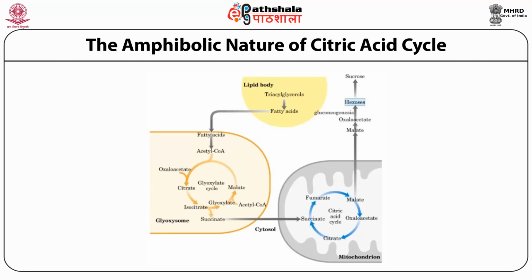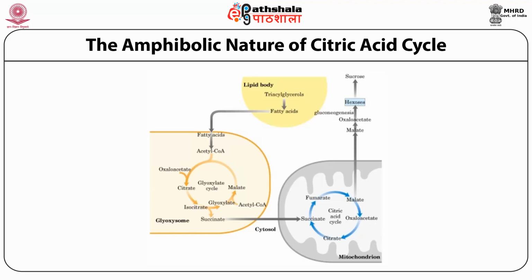In the mitochondrial matrix, the succinate which is produced in the glyoxysome enters the citric acid cycle, and is converted into fumarate. Then fumarate is converted into malate and oxaloacetate, and again citrate.